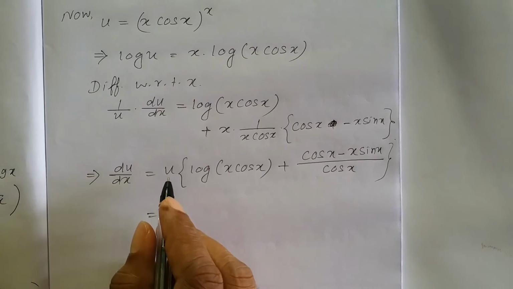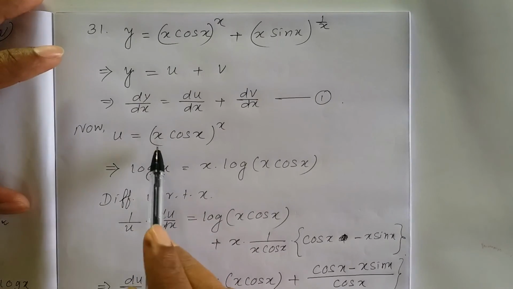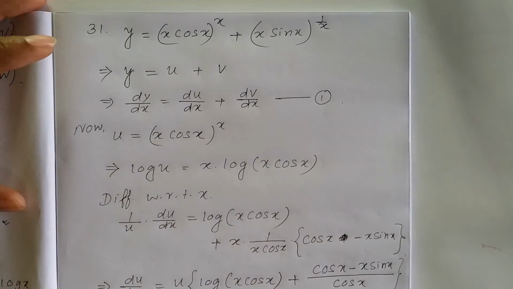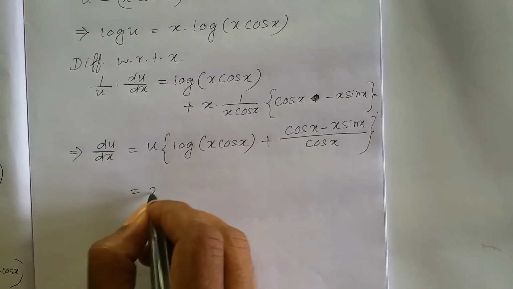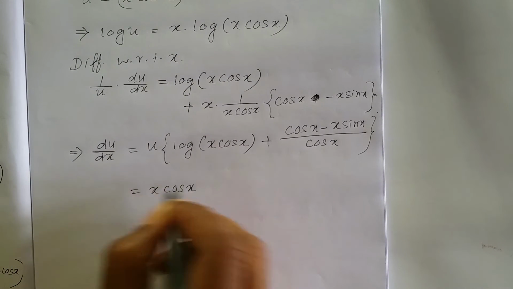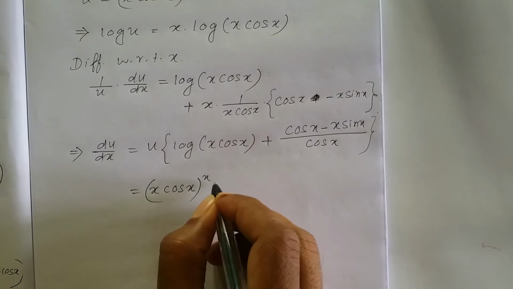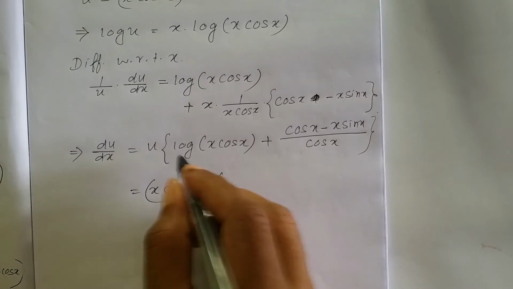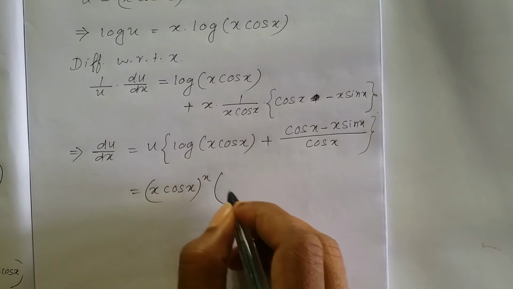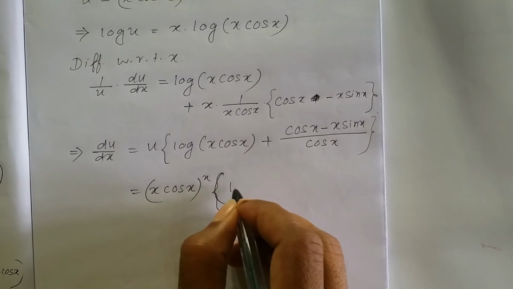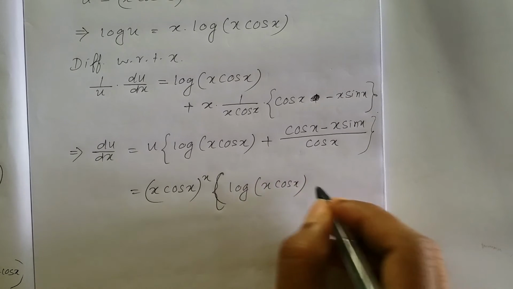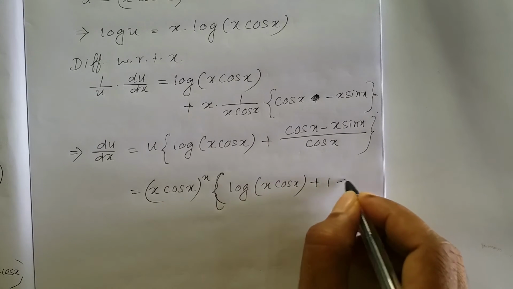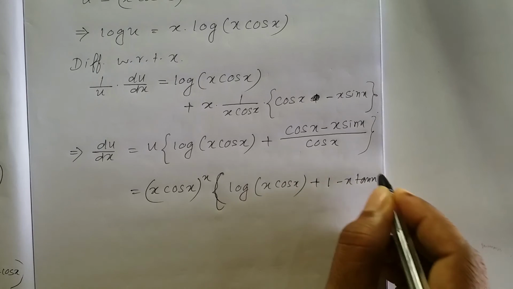So what is u? u is equal to x cos x whole to the power x, so replace it with x cos x whole to the power x, then whole into this remaining same, whole into log of x cos x, and this can be written as plus 1 minus x tan x.